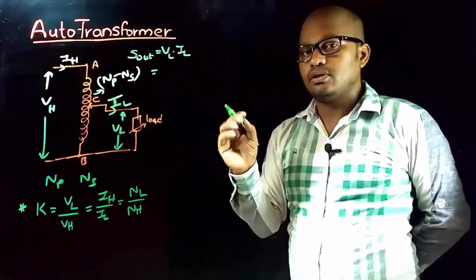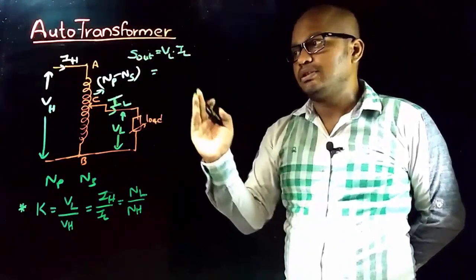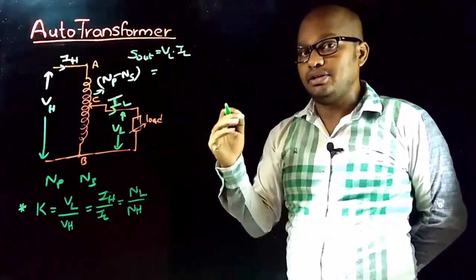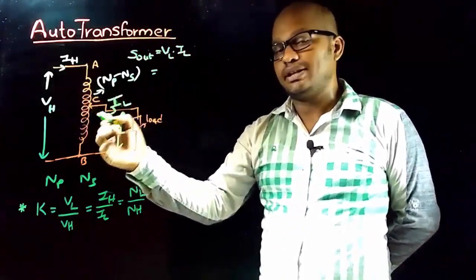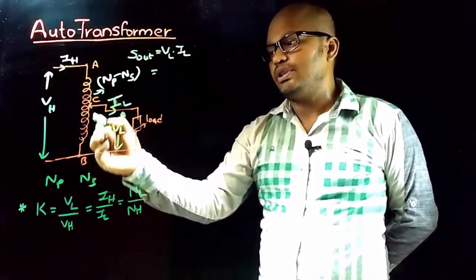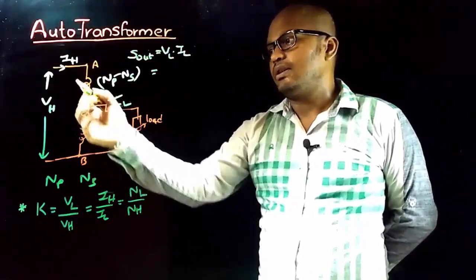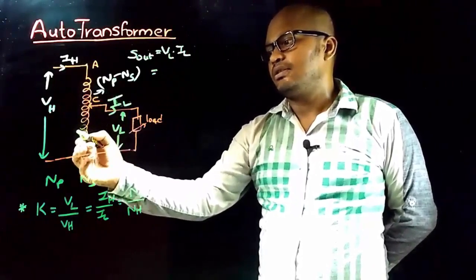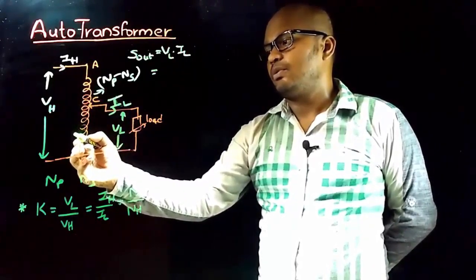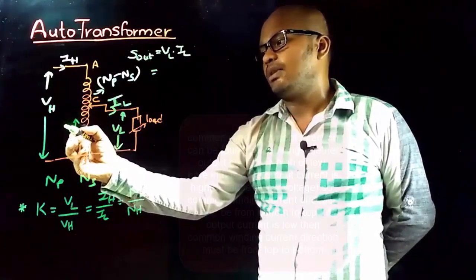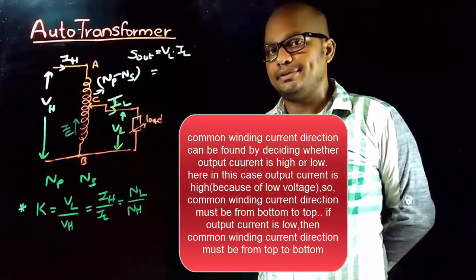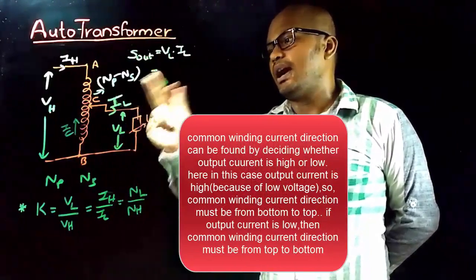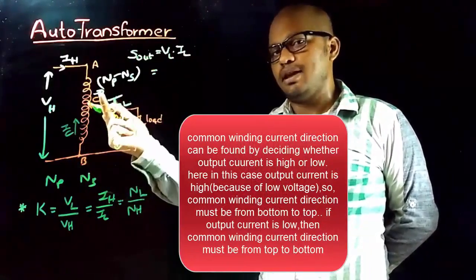And if you recall the concept of single phase transformer, that the primary current and secondary current are in phase opposition. So the primary current here is IH and secondary current means the current flowing in the common winding. So if this direction is like this, then because of phase opposition, the common current direction will be like this. Let that be IC. Now you can take IL is equal to IH plus IC.